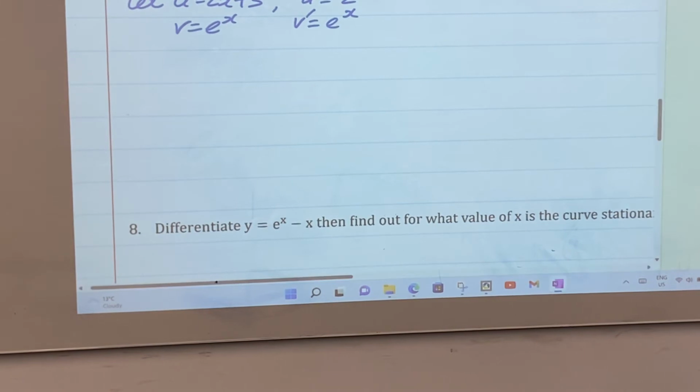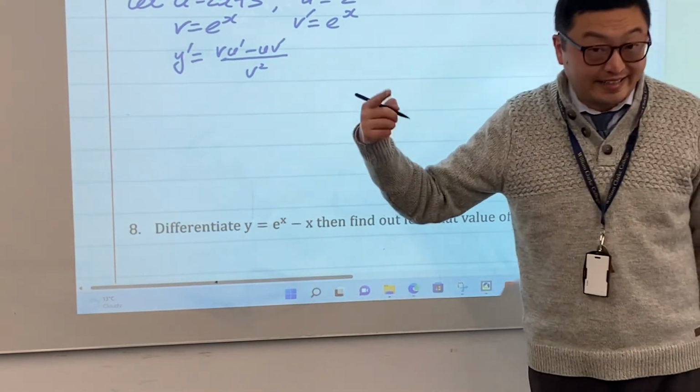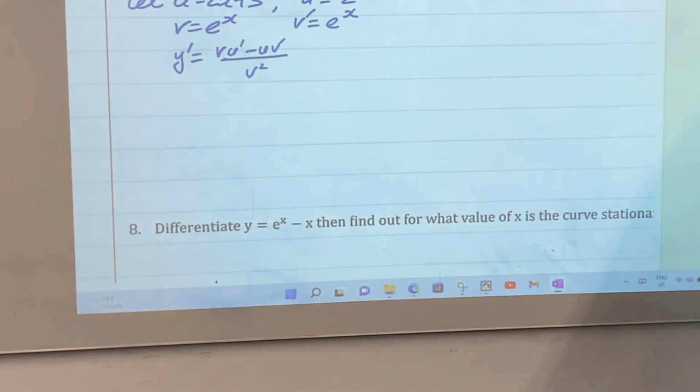Again, after enough practice, you will be able to remember quotient rule. However, quotient rule is on the formula sheet, right? So, y dash is vu dash minus uv dash over v squared. Be very, very careful. It's vu dash first, not uv dash. Again, this is in the formula sheet.